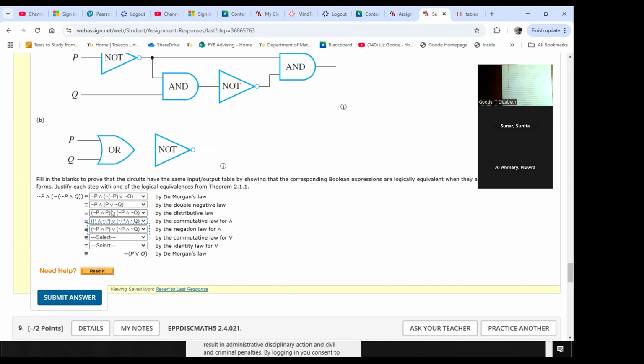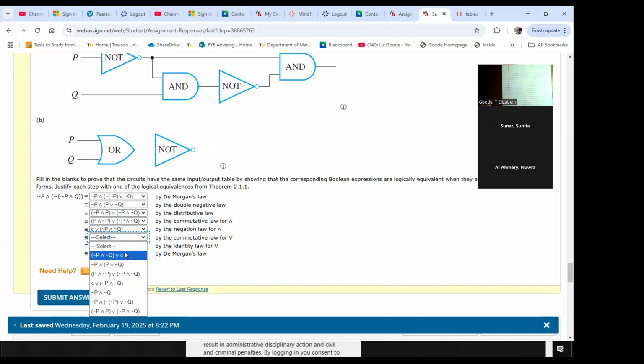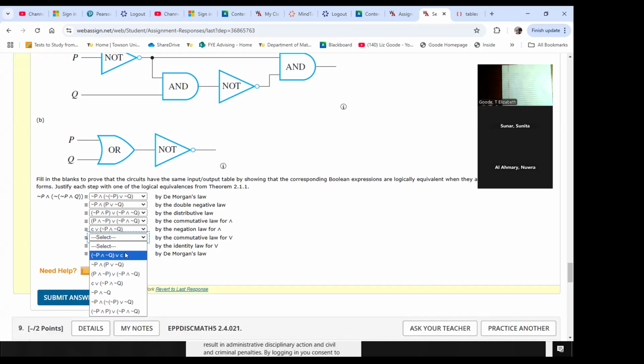Commutative law for and was that. Negation law was contradiction. Okay. Commutative law for or. Now that's the right window. Which one is going to be the commutative law for this or between the contradiction and not P and not Q? How about that one? Doesn't that switch their places? Yeah, this is the best.